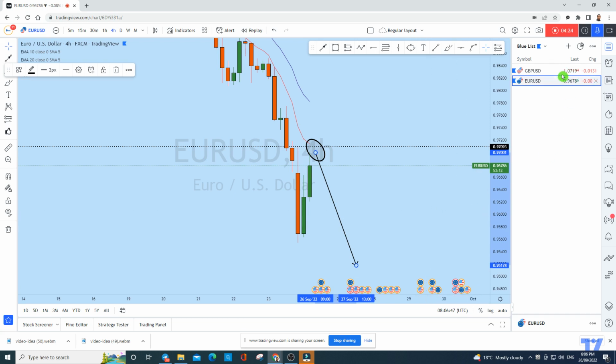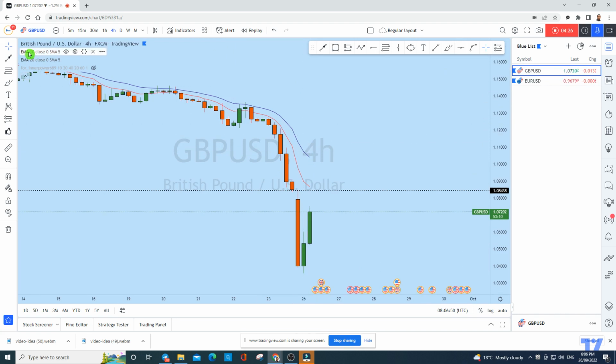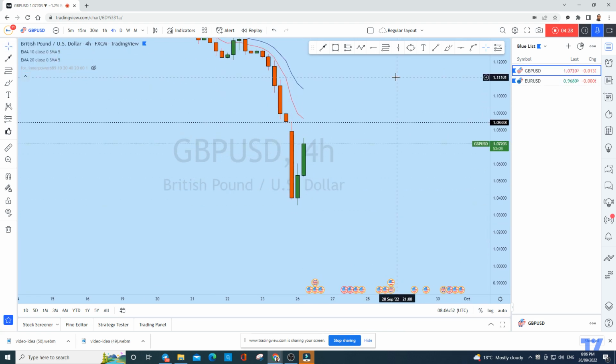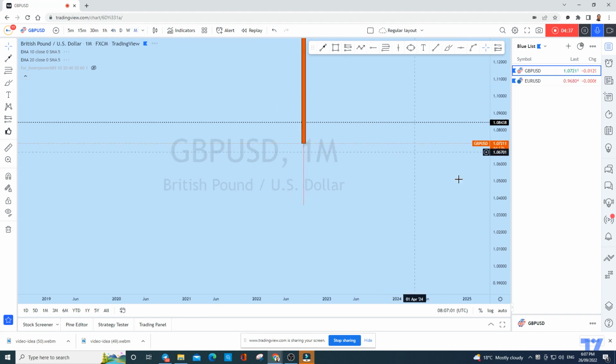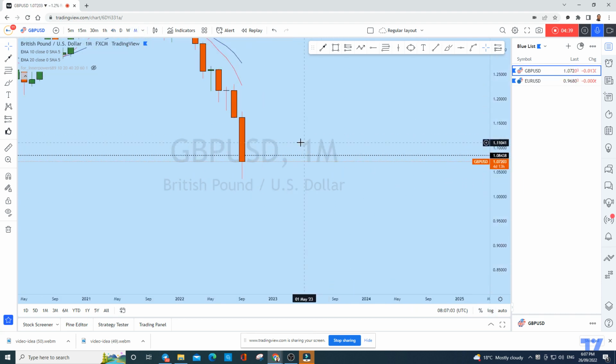Now let's look at GBP/USD in a similar way. What do you see? GBP/USD has almost the same price action as EUR/USD. If we look at the bigger picture, we see the same kind of thing on the monthly perspective.